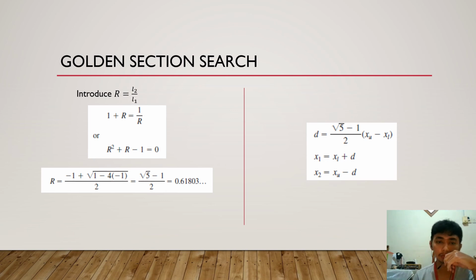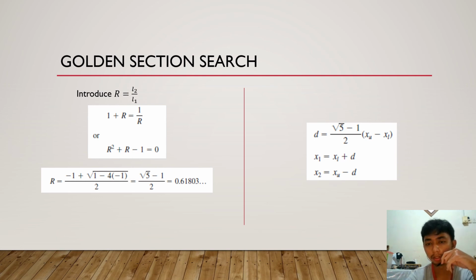Then we simplify, and we can obtain a second-order polynomial. Then we can find the root of the polynomial, which is 0.61803 and so on.